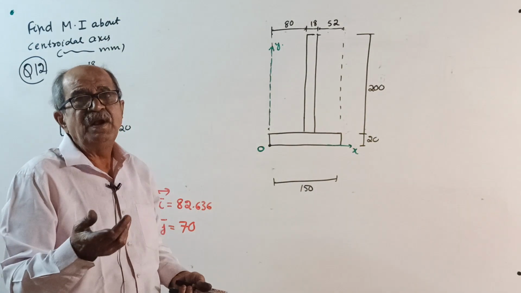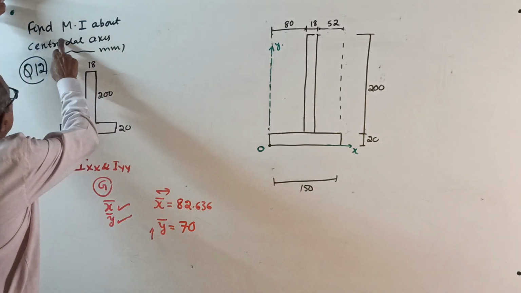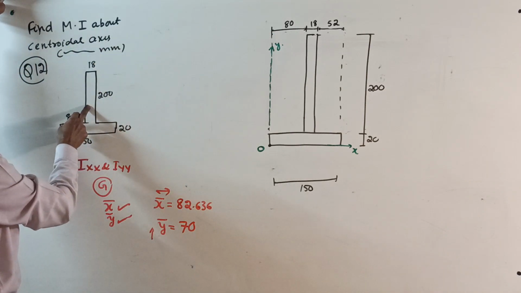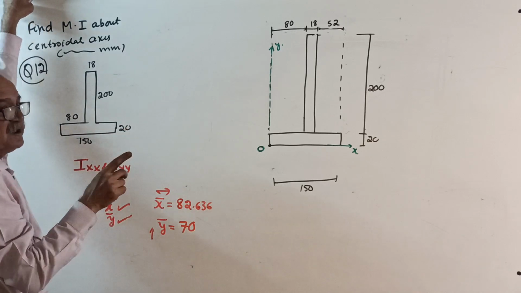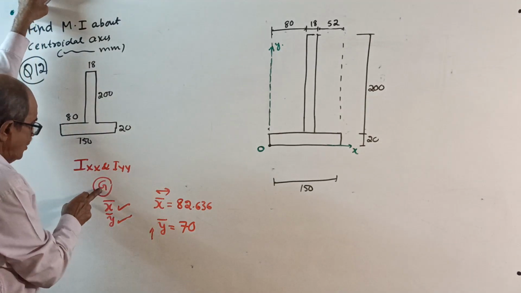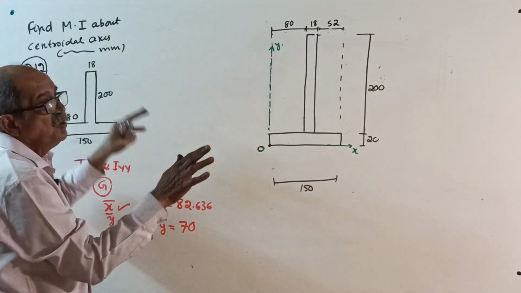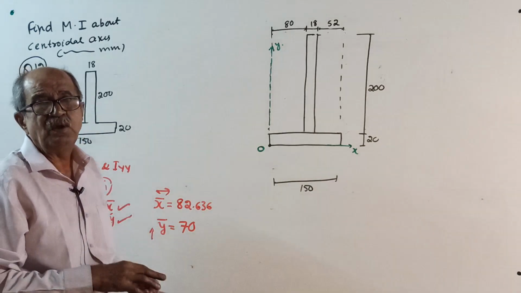To save time, inverted. In later exercises, I will give plenty of questions for you. Find moment of inertia about centroidal axis. Note, you should write all these if you are interested. You have to find Ixx, Iyy. You have to locate centroid G. There is no symmetry here, therefore X bar, Y bar, both are required.